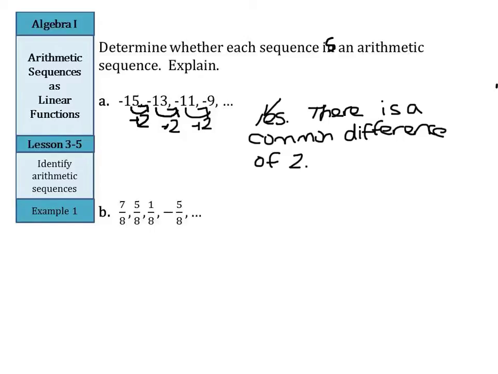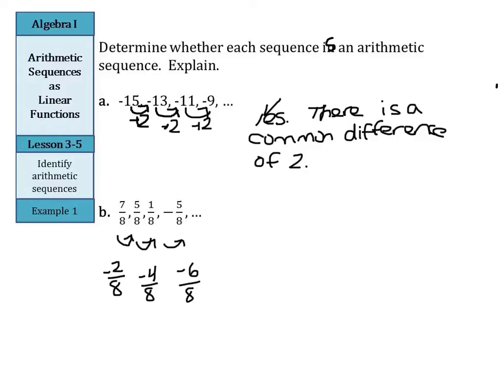In the second one, in part B here, from 7/8 to 5/8, that's a negative 2/8 or negative 1/4. From 5/8 to 1/8, that's a negative 4/8. And already I don't even need to determine that from 1/8 to negative 5/8 I went down negative 6/8.